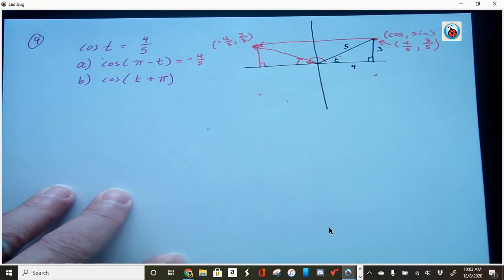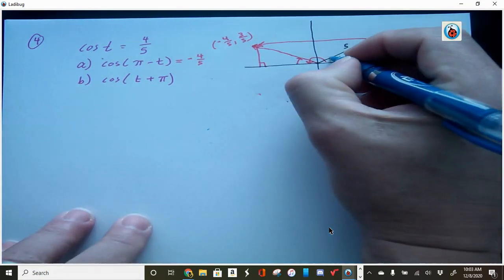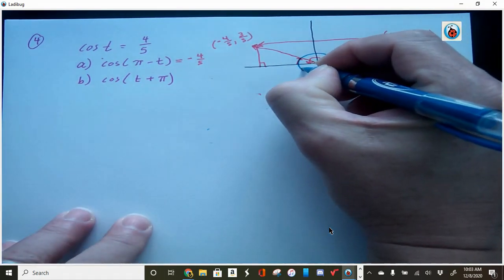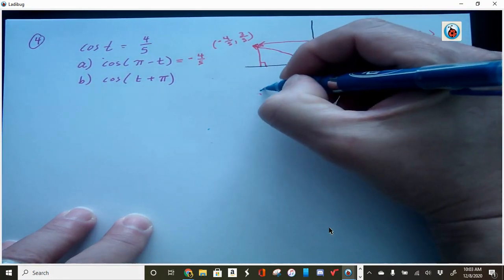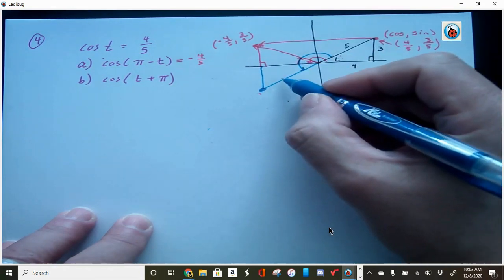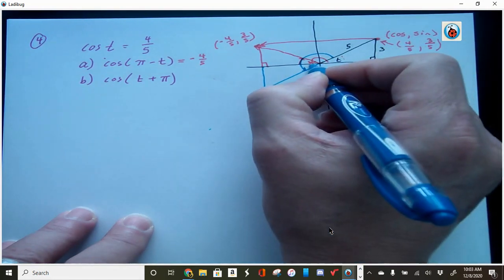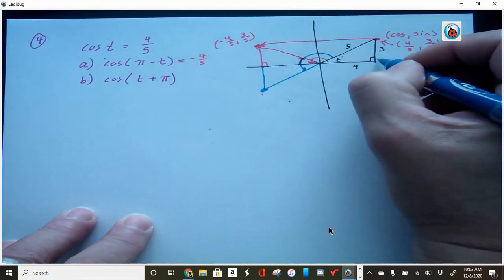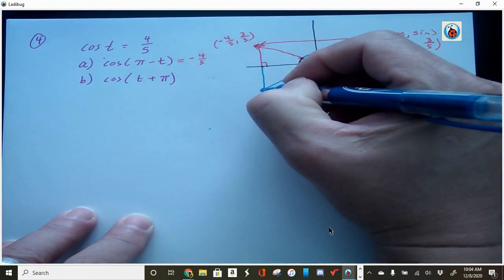All right, the other part is pi plus t. So if I added pi to that angle, I'll end up with the terminal side going right there. I already know I'm going 4 this way to the right, so I know I'm going 4 to the left, and I know I'm going up 3 units this way, same thing here, but now I'm going down 3 units here.